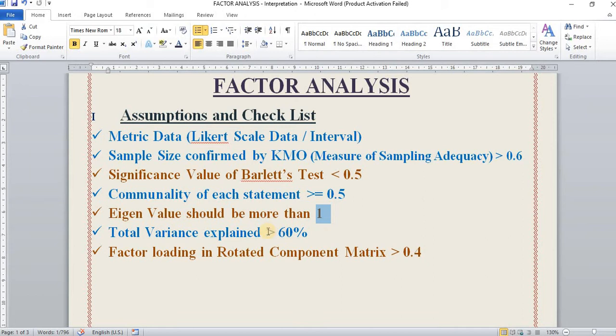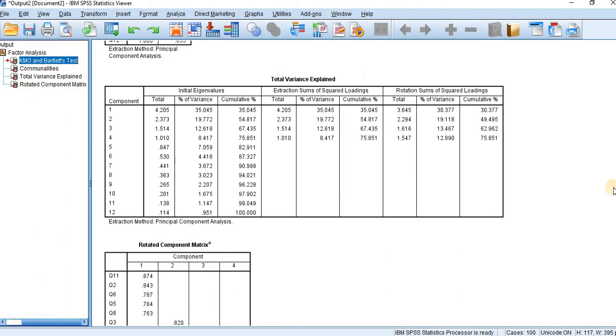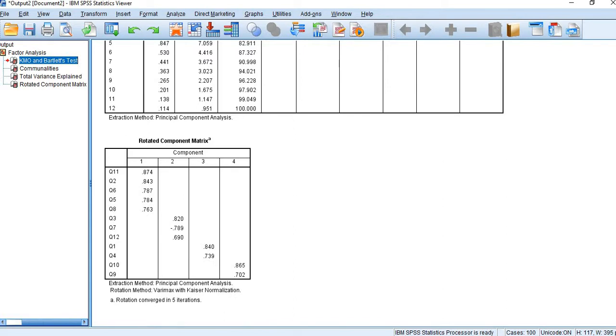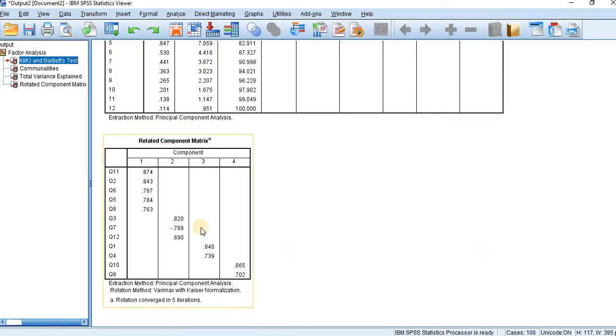And the total variance explained should be more than 60%. Here the total variance extraction is 75%. Out of 12 attributes, 75% of score has been extracted to form 4 factors. And the last one, factor loading in the rotated component matrix greater than 0.4.